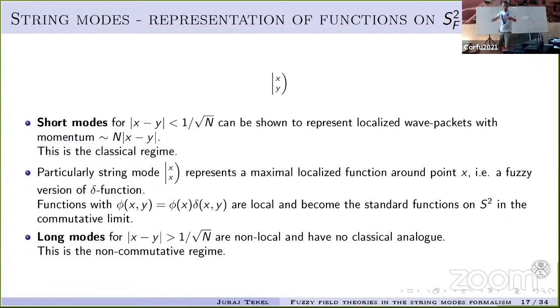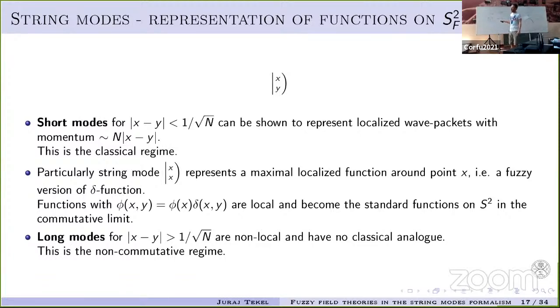Then you can show that such a string mode corresponds to a localized wave packet on a regular sphere that's localized somewhere in the vicinity of points x and y, and that has momentum proportional to n times the distance between the two points. So these short string modes represent the classical regime of the theory with a cutoff on momentum of square root of n.